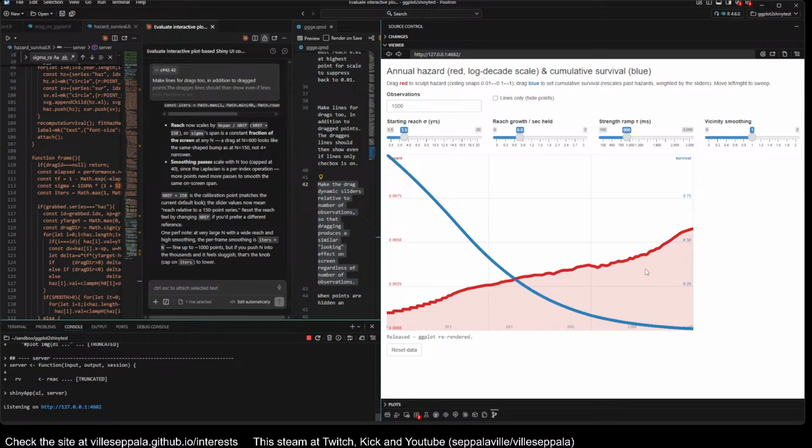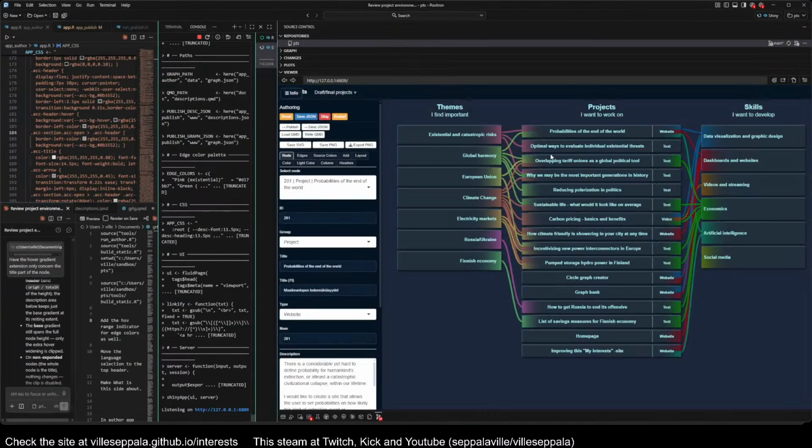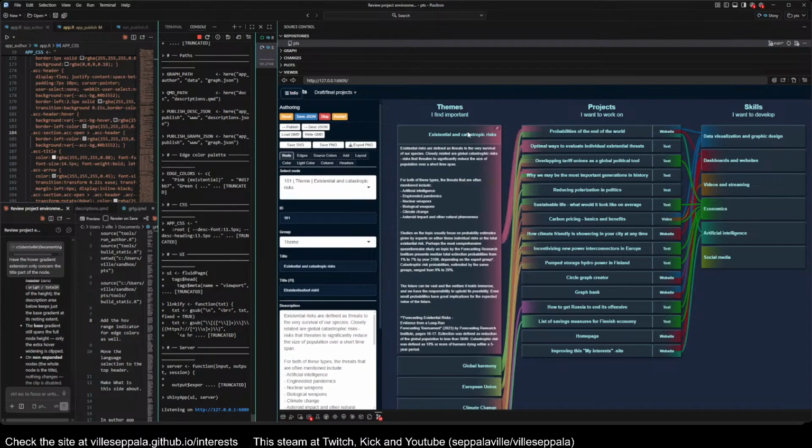This is actually about, I'm going to show you, not about natural disasters. I'm kind of interested in human extinction probabilities.